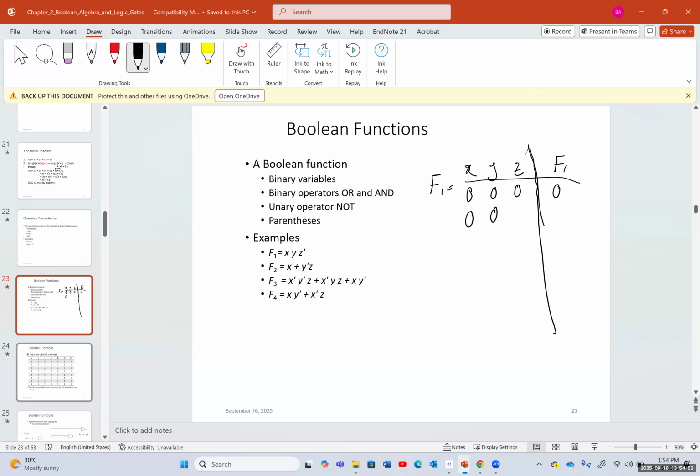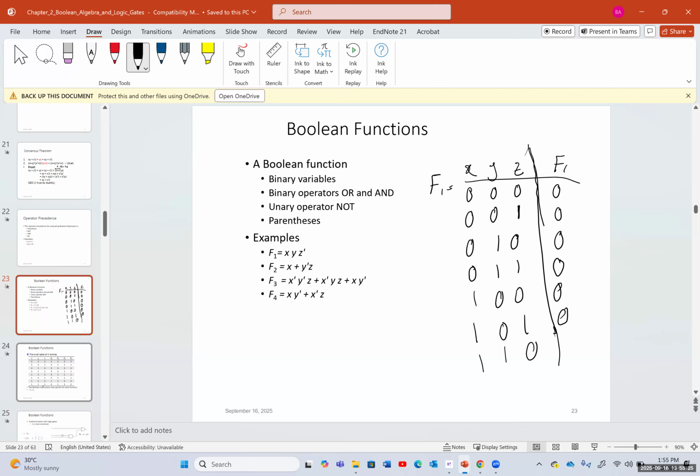If x is 0, y is 0, z is 1, what would f1 be? 0, thank you. If it's 0, 1, 0, what would f1 be? 0, 1, 1. 0. 0, thank you. 1, 0, 1. 0. 1, 1, 0. Are you sure?